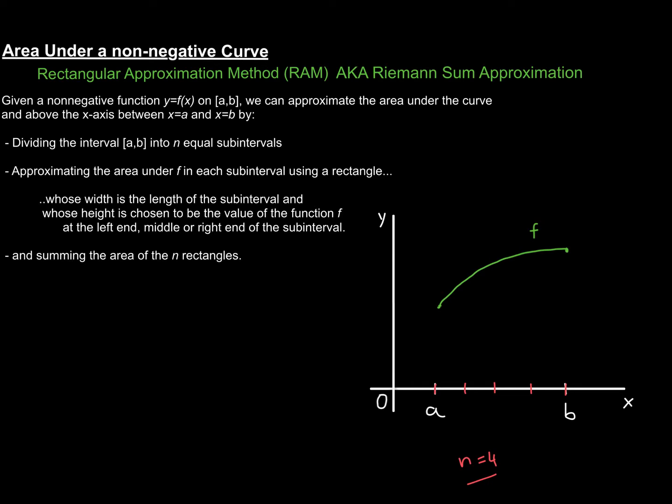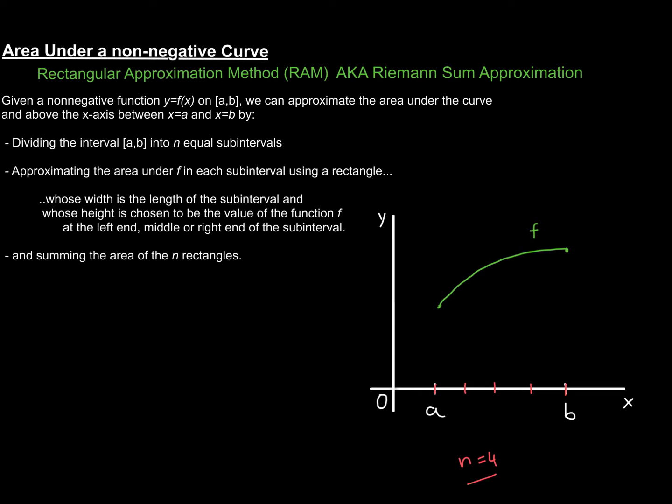So here you can see I've split them up. Here's one subinterval, second, third, and fourth. Imagine a was 1 and b was, let's say, 3, for example. So this would be from 1 to 1.5, from 1.5 to 2, from 2 to 2.5, and from 2.5 to 3. Those would be my subintervals there.